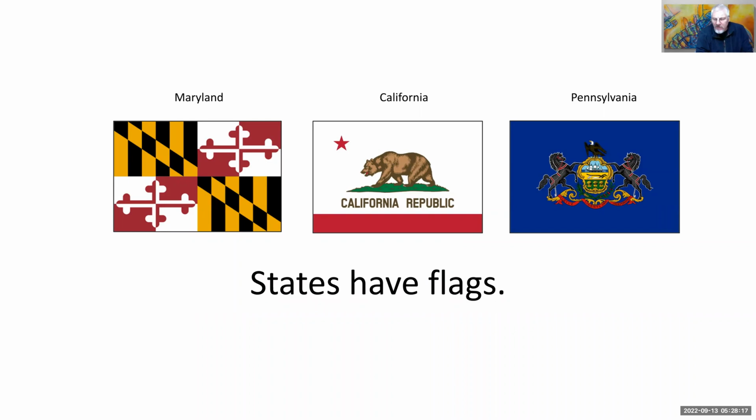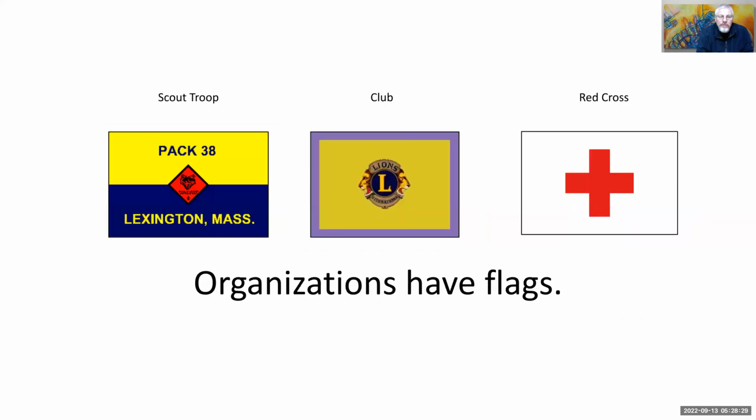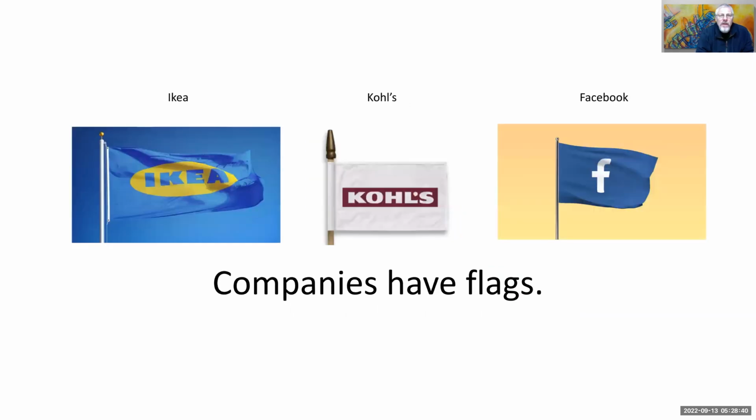Every one of these flags has symbols in them, and a lot of times they can end up being little pictures. DC has a flag, so cities have flags. San Francisco, New York City, they all have flags. Organizations like Scouts, the Lions Club, and the Red Cross all have flags.